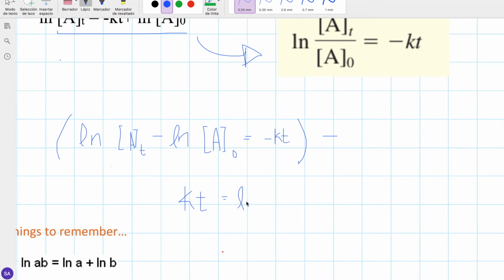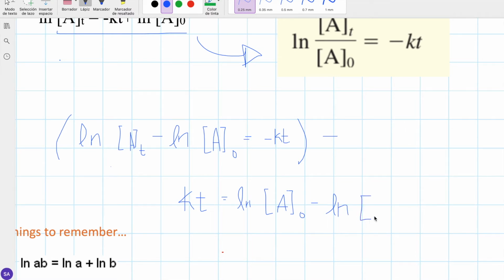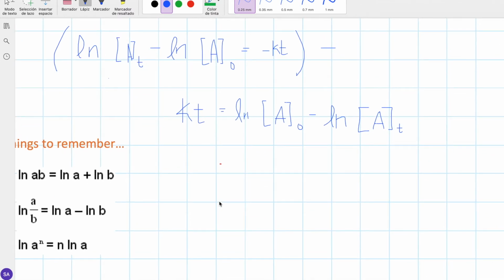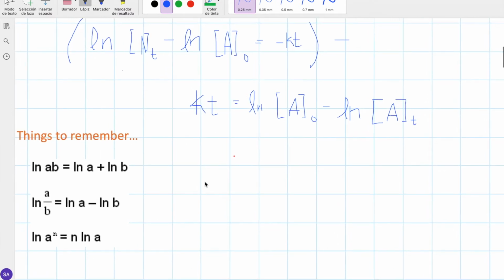So I will get positive kt, k times t, equals, so this one will be positive, ln of initial concentration minus, okay, so this one was positive, so now it's going to be negative, ln of current concentration.